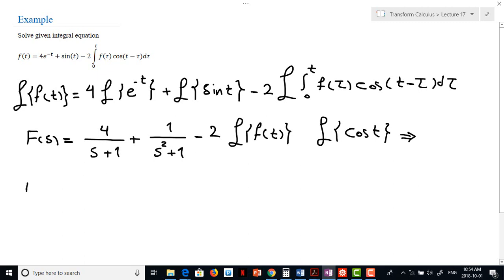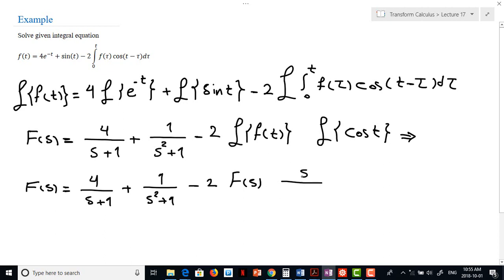So F(s) is equal to 4 over s plus 1 plus 1 over s squared plus 1 minus 2 F(s), Laplace transform of cosine t is s over s squared plus 1.